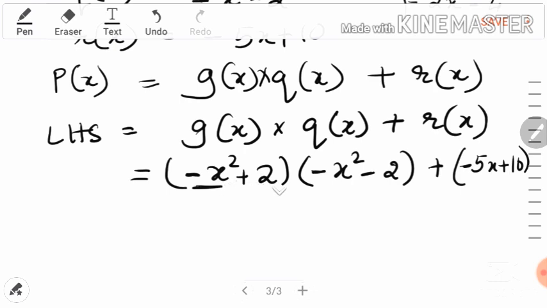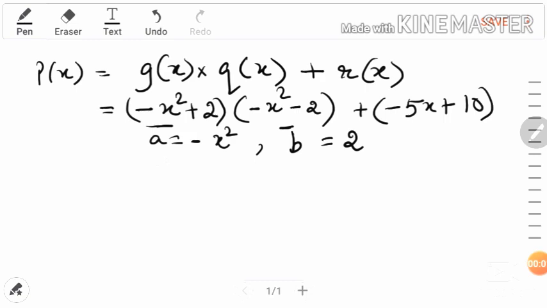Now we have here a plus b into a minus b, where a is minus x square and b is 2. Using the identity a plus b into a minus b equal to a square minus b square, we can write the above product as minus x square to the power 2 minus 2 to the power 2.